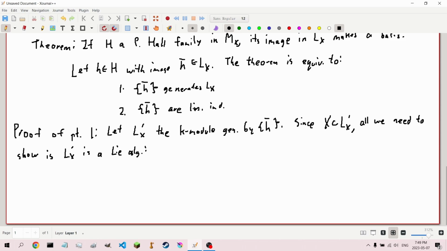That is, h1 and h2 being in H implies that the bracket of their images is in L_X prime.